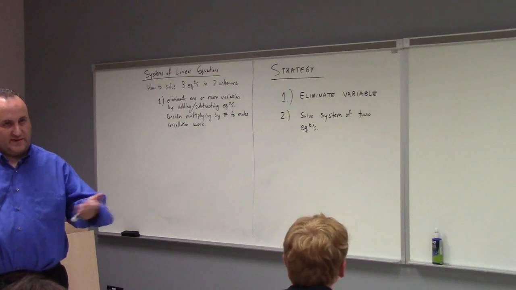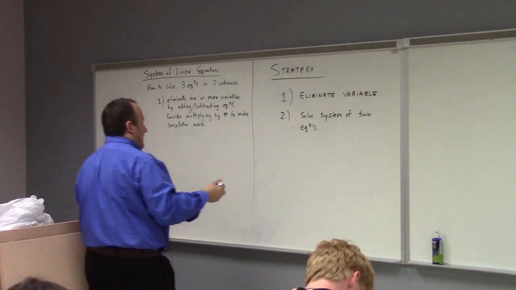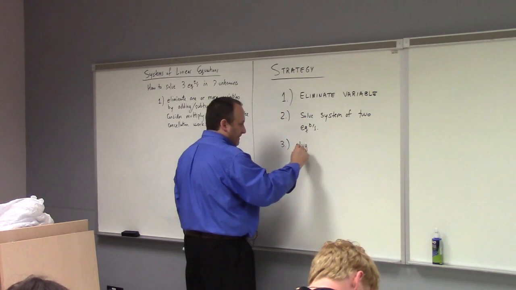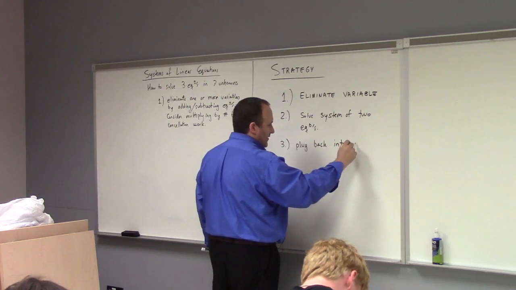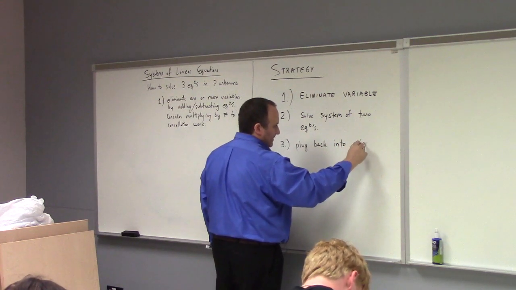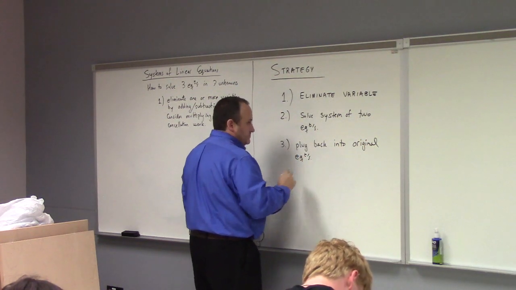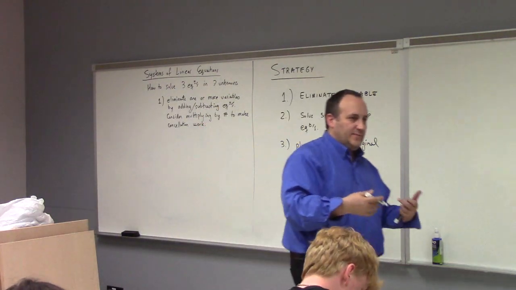We've talked about that already this week, so you fall back on that stuff. And then step three is you plug back into one of the original equations, all right? That's one strategy. This is basically the elimination strategy.